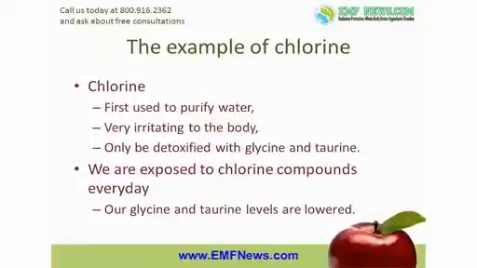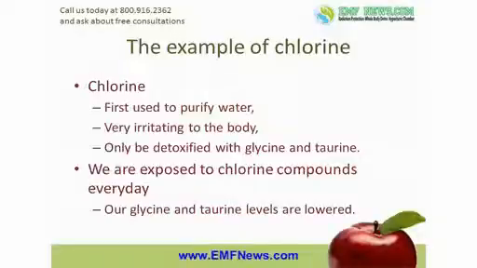Take chlorine, for example. As a disinfectant, chlorine is one of the great public health success stories of the 20th century. When it was first used to purify water in the early 1900s, typhoid fever, cholera, and dysentery virtually disappeared from the U.S. But there is a price to pay for using it.